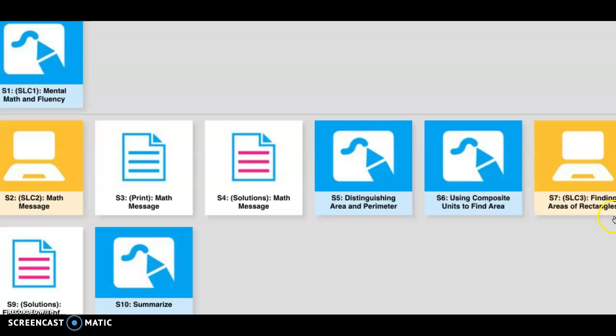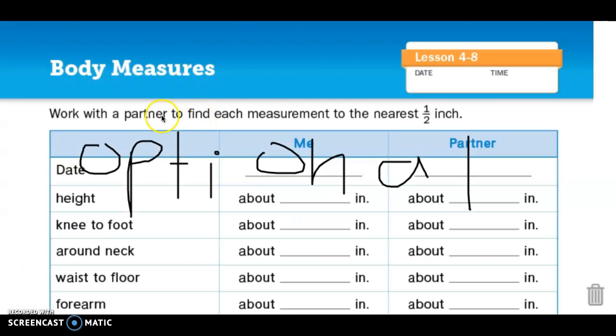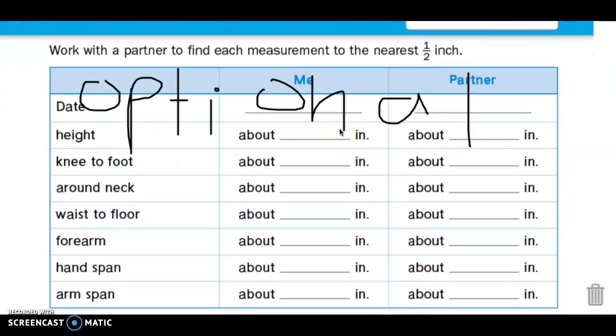You do have another page, and it looks like this. It says body measures. With a partner, work with a partner to find each measurement to the nearest ½ inch. It's talking about our height and our knee to foot and around the neck and waist to floor and forearm.